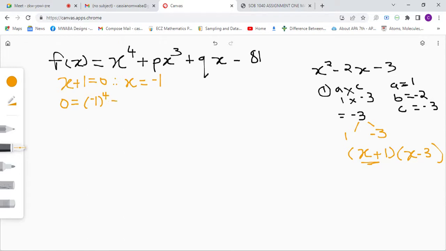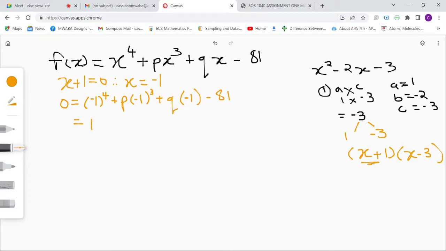So we have negative 1 to the power of 4, plus p times negative 1 to the power 3, plus q times negative 1, minus 81.